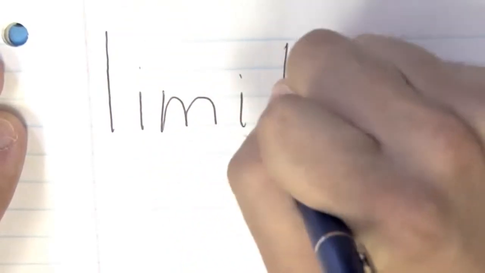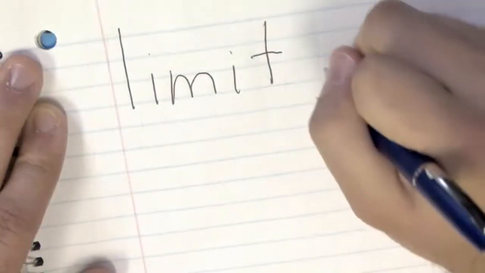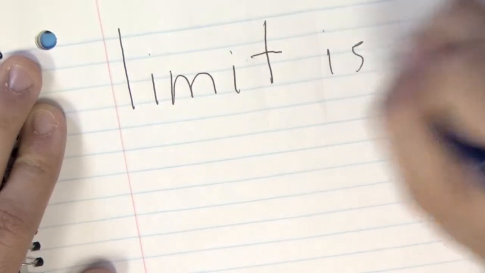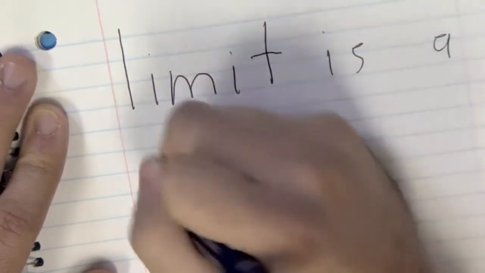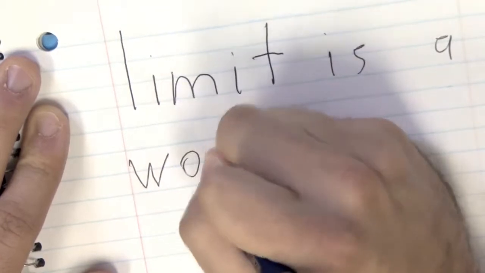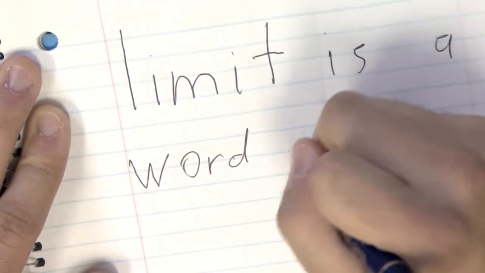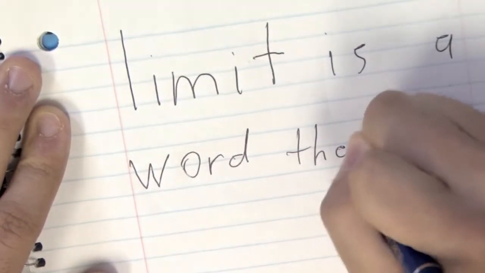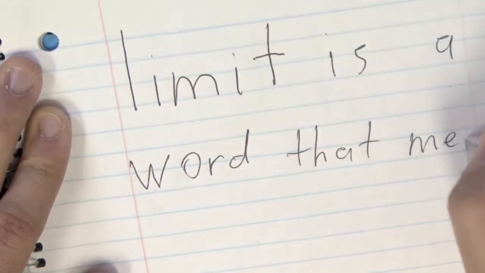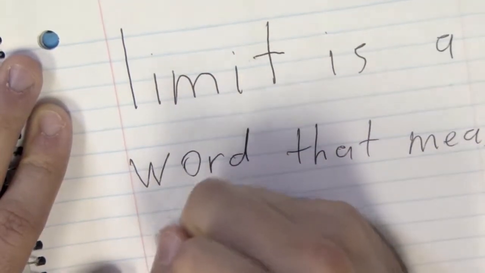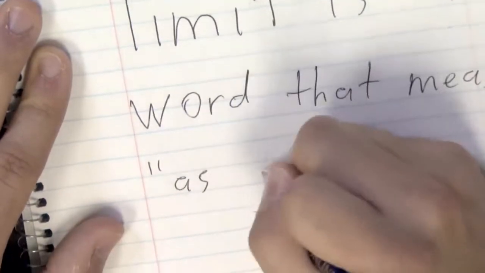Well, this is where the concept of limits comes in. So exactly what is a limit? Well, a limit is basically a word in math that means "as x approaches."